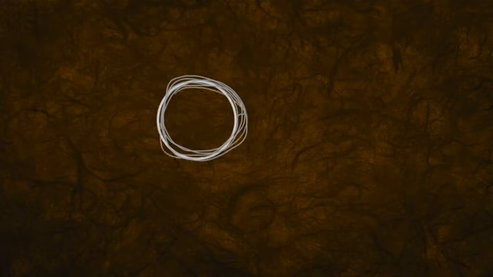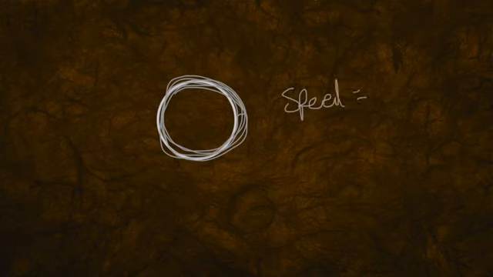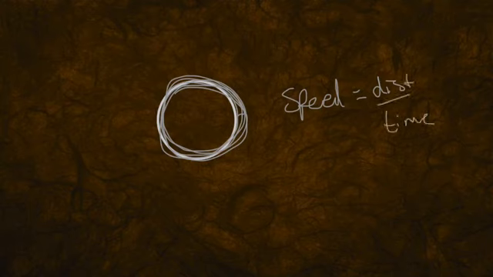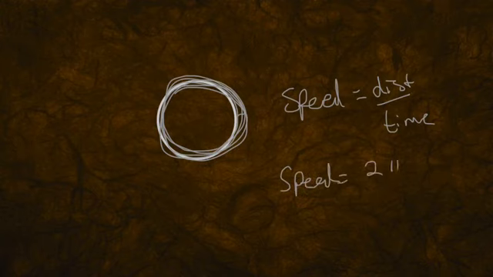Our speed equals distance over time, yeah? Distance over time. Okay, but how far is our distance? If we're just looking at one time around the circle, what's our distance? Equals 2 pi r, right?